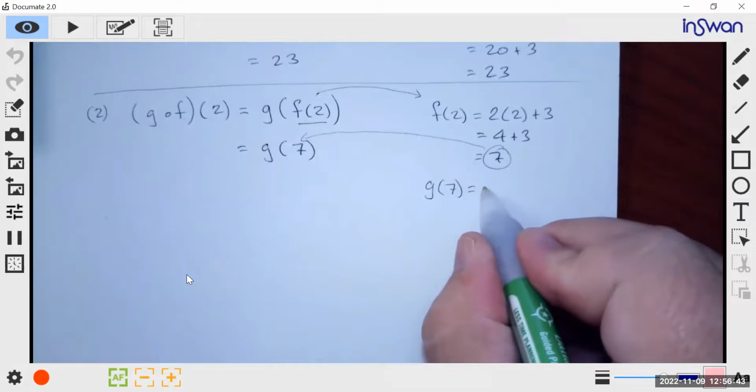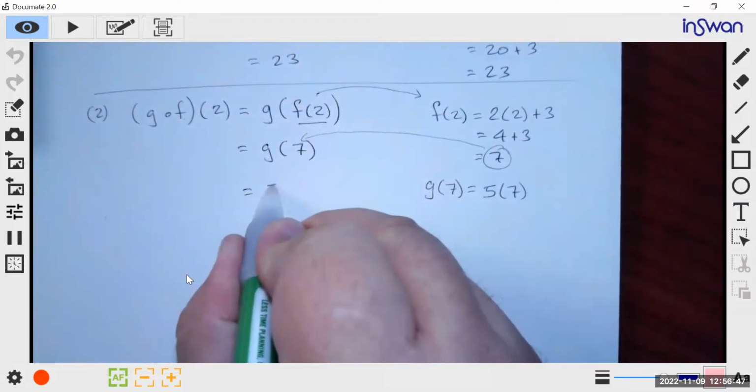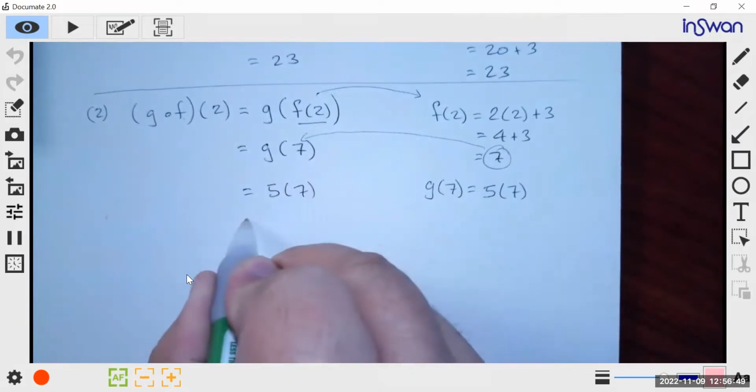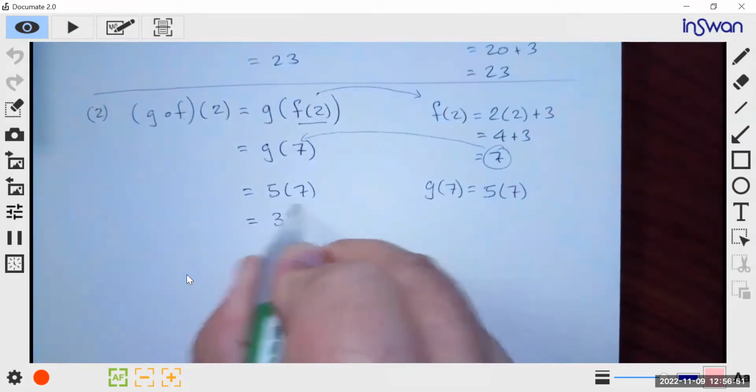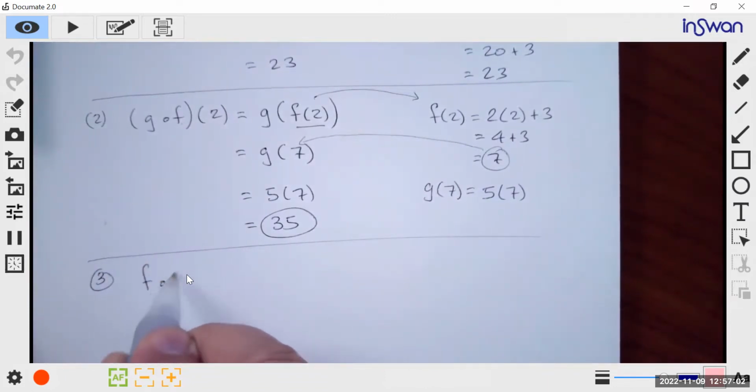The function g is 5 times 7. 35. And there's my answer. So do the same thing with f of f and g of g at 2.